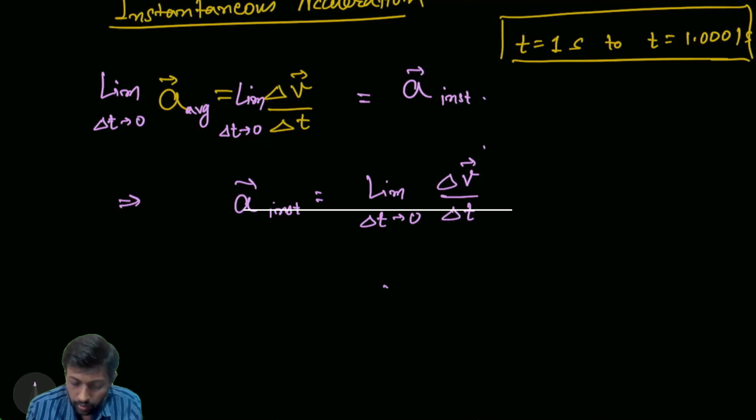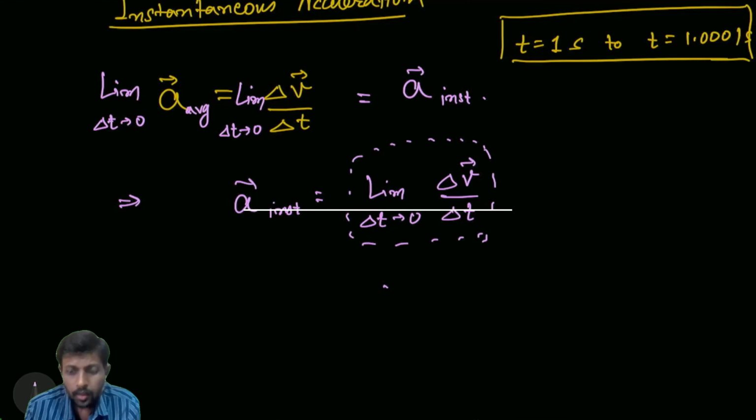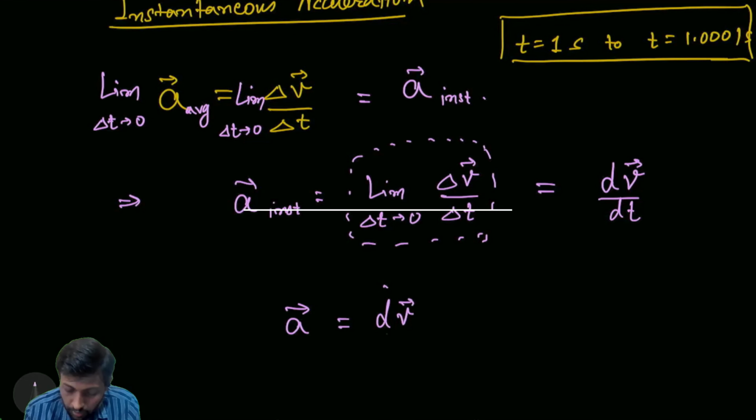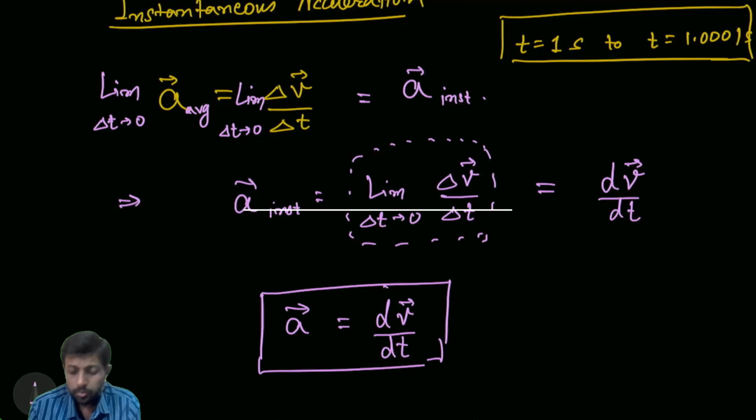And this quantity can be written as dv by dt. A very, very important result. So instantaneous acceleration is given by dv upon dt. So a big change is represented by delta.